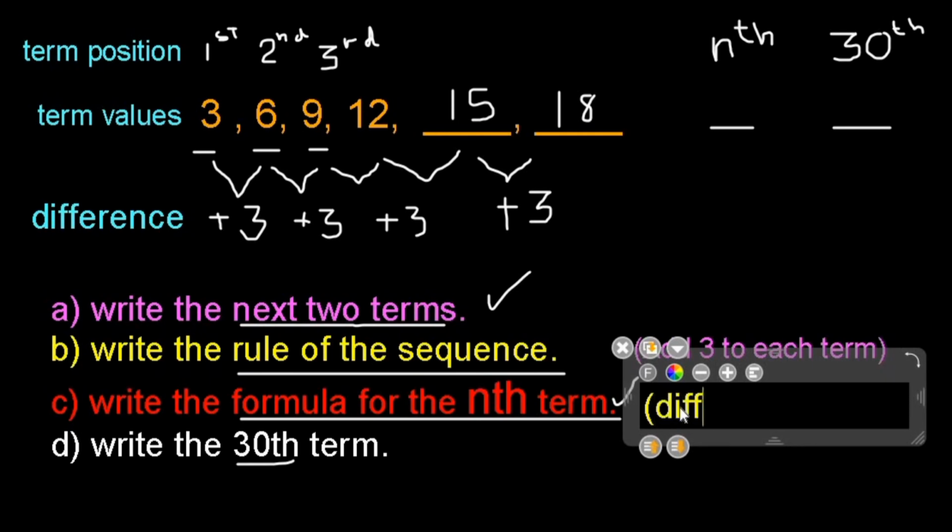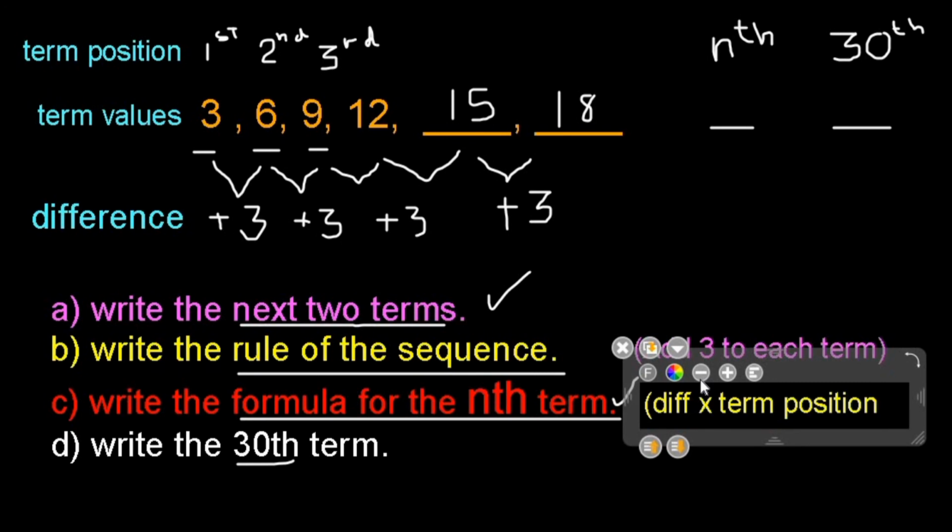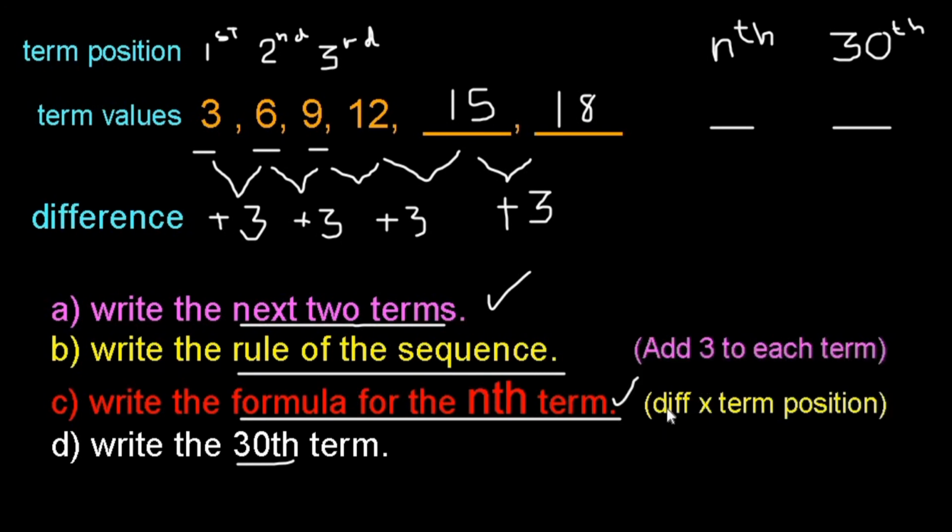The formula for finding the nth term is: whatever difference you have identified in the sequence, you have to multiply that difference with the term position. The difference here is 3. And take the first term position, which is 1. If I multiply the difference by the first term position, it becomes 3, and I also have the term value 3 in its first position.